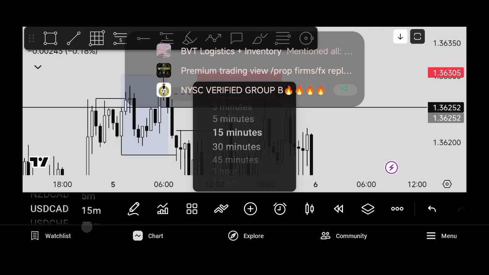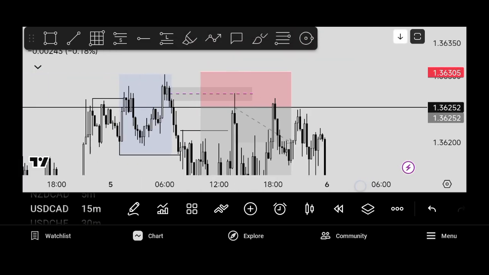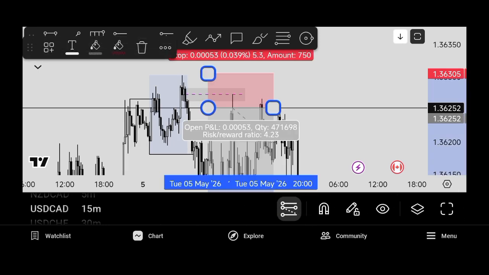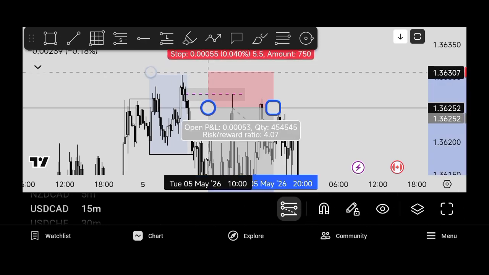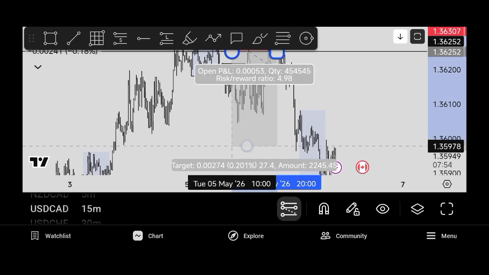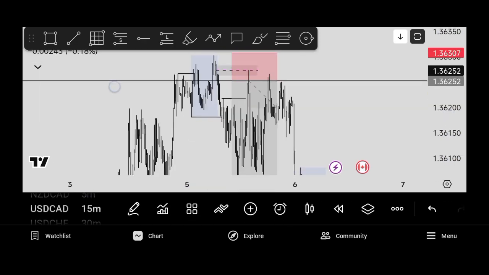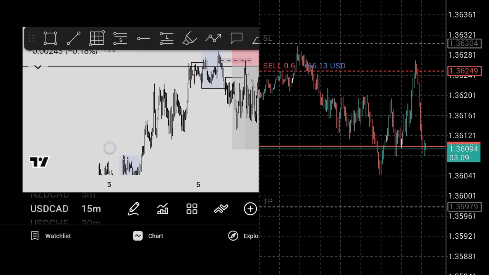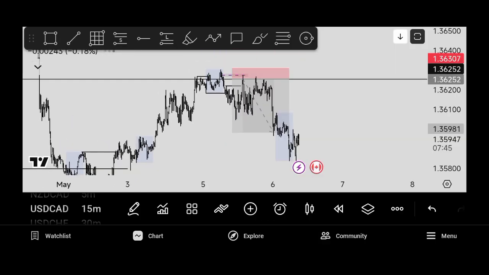So that was basically what I did. My stop loss was right here. My take profit, I was targeting this low, this exact low here. So that's basically how I was able to take this trade on USD CAD yesterday.